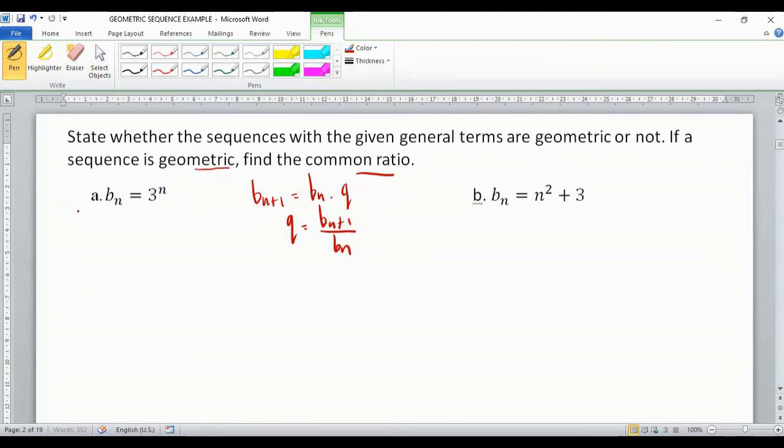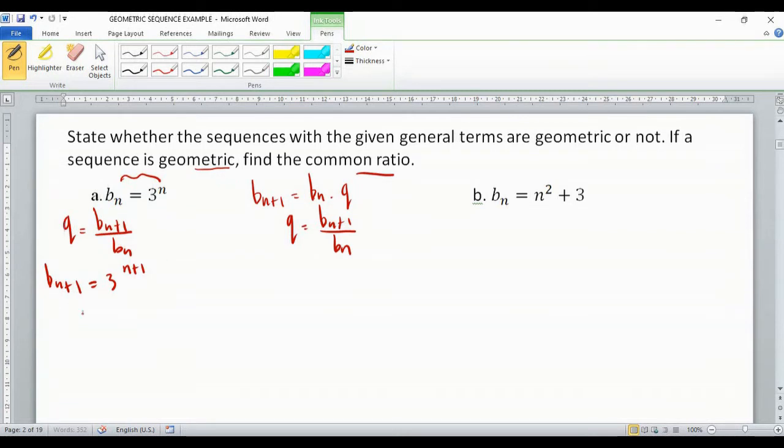So if we want to answer this A, you need to use the formula k equals Bn plus 1 over Bn. From question A, we just have Bn, so we need to find Bn plus 1 first, which is equal to 3 power n plus 1, everyone.